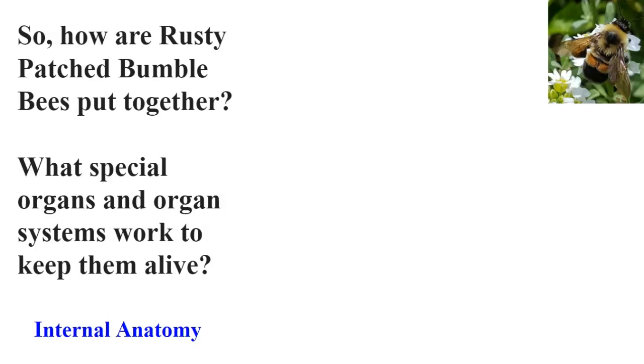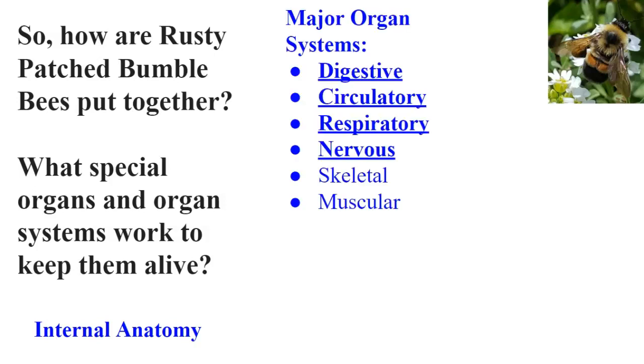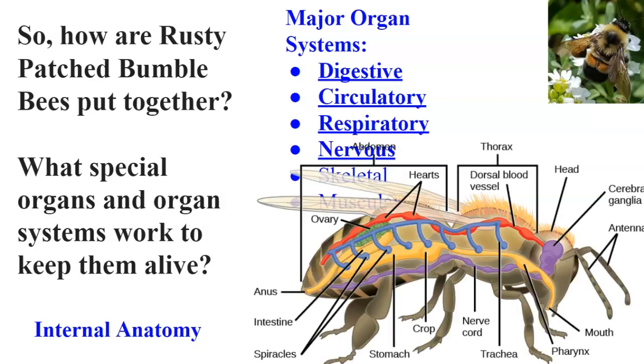Internally, what makes a bumblebee a bumblebee? Well, much like you, they have to solve problems as a multicellular organism by having organ systems. These are just six of the important organ systems in the rusty-patched bumblebee: digestive, circulatory, respiratory, nervous, skeletal, and muscular. This diagram highlights the fact that they have multiple hearts.